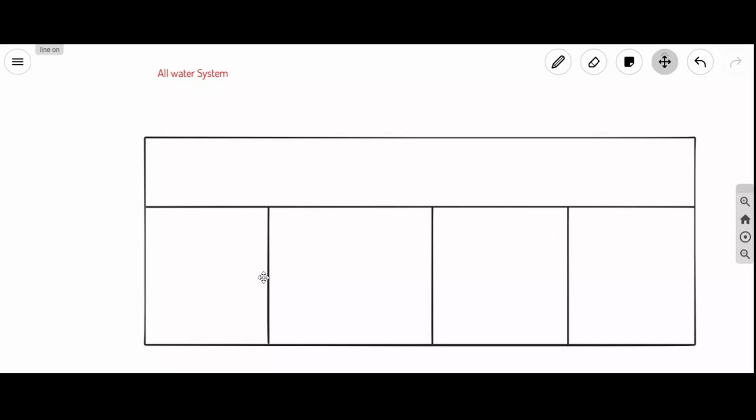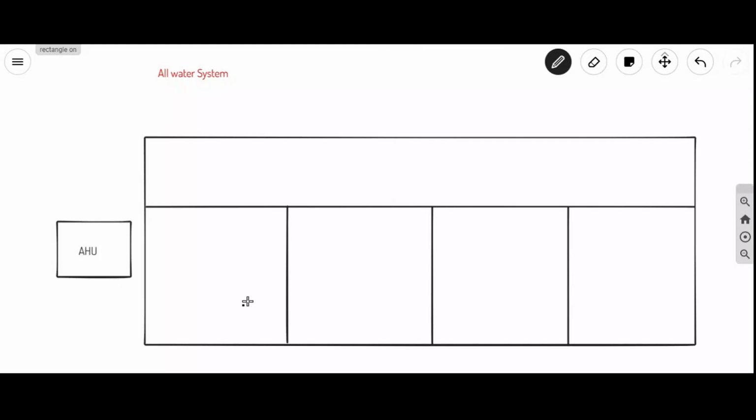So this is like this: room 1, room 2, room 3, room 4. We have 100 rooms. Think each room requires 2 TR. Now, as each room requires 2 TR, we'll take one AHU and connect it to all the rooms by using the duct.